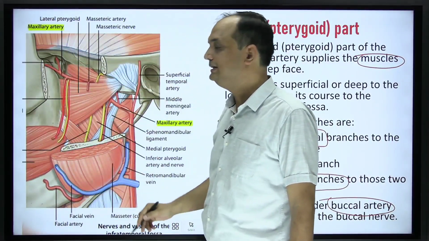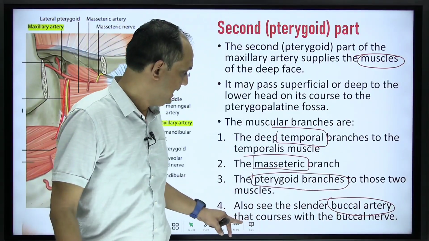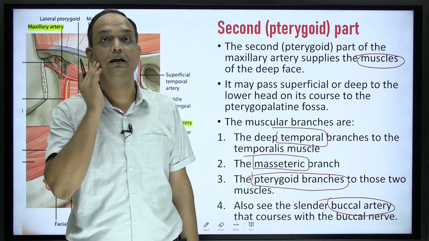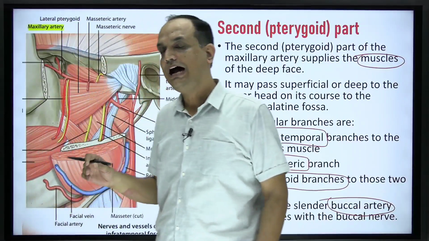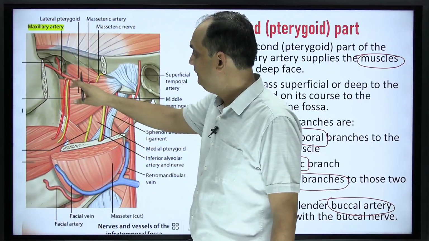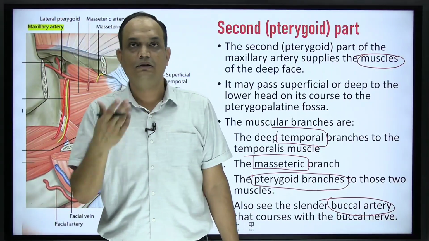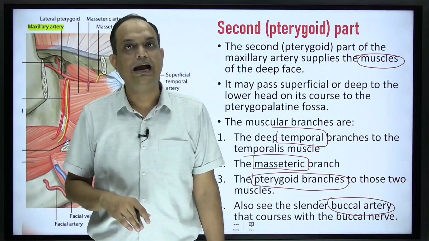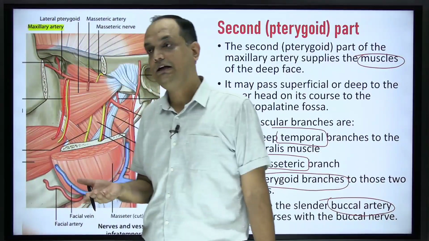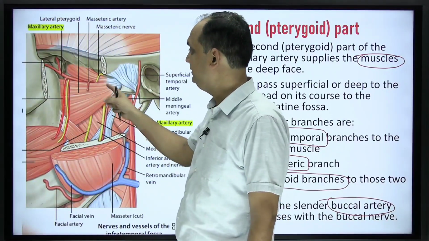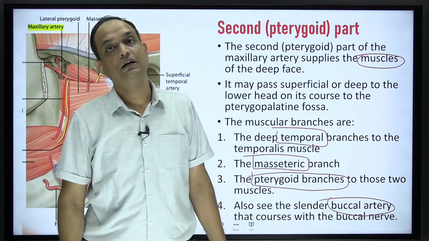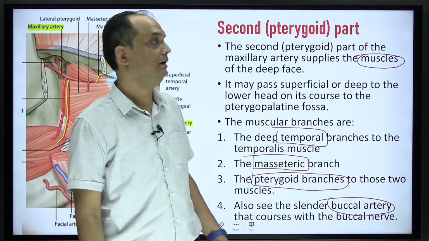So the buccal artery runs along with the buccal nerve, and it supplies the buccal mucosa. So you have to understand that the major branches arising from the second part are muscular, and they are deep to the lateral pterygoid. If you want to see the second part, you have to remove the lower larger head of the lateral pterygoid muscle.